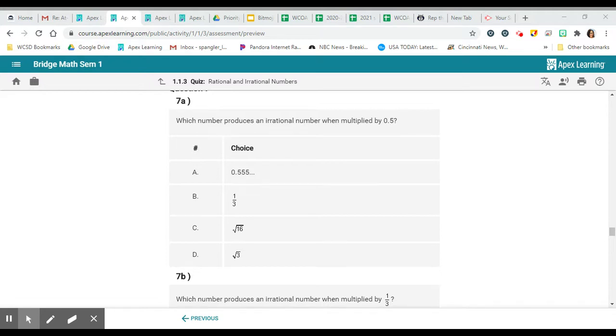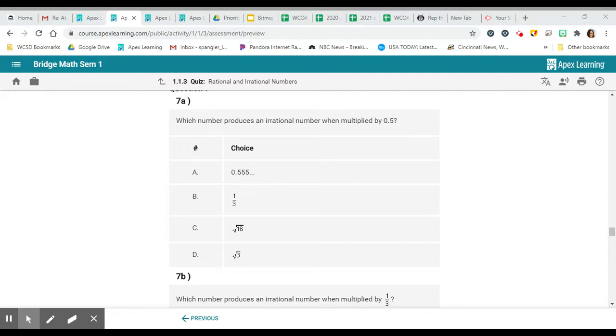So we would have to choose the number that's irrational, because a rational number times an irrational number gives you an irrational number. So which number on here is irrational? It's not going to be A because it's repeating.